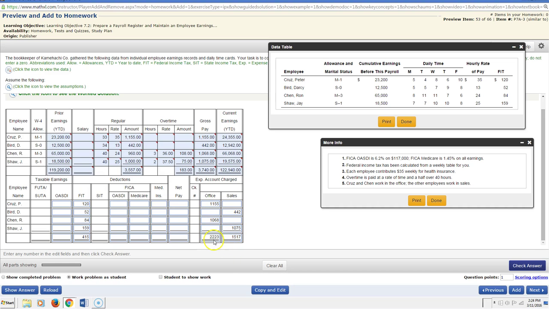Now, I just want you to note that if I took the 2223 and added the 1517, that would come out to 3,740. So the total gross pay expense is divided over two debits to two separate expense accounts. Office salaries expense, 2223, and sales salaries expense, 1517.